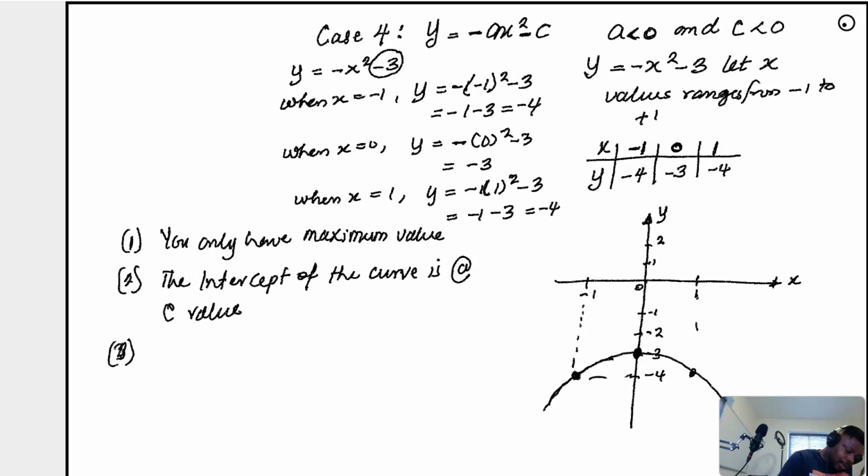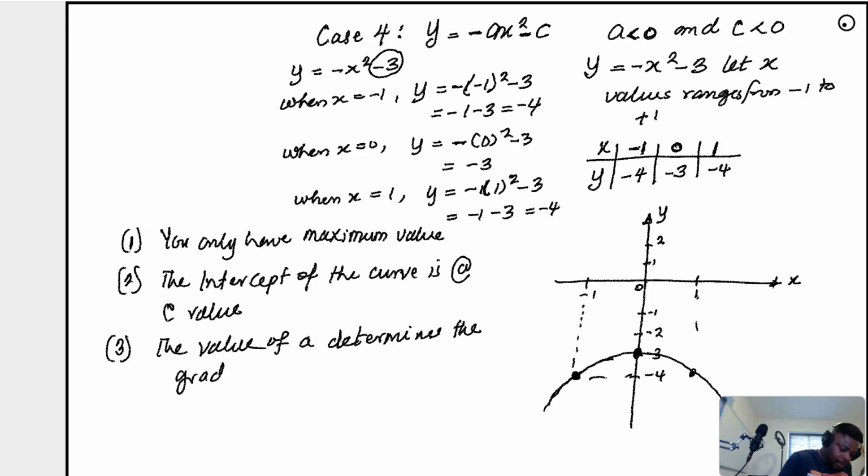And 3, the value of A determines the gradient. Good. That is all the 4 cases that we have on condition 2.